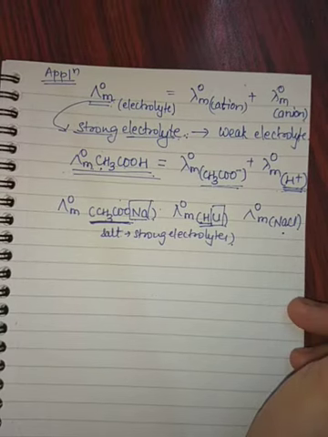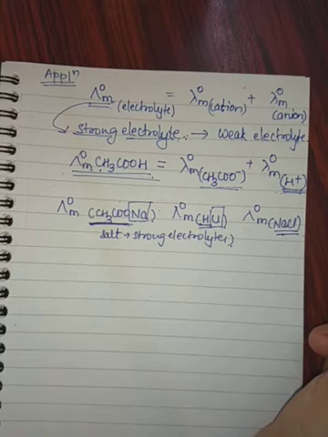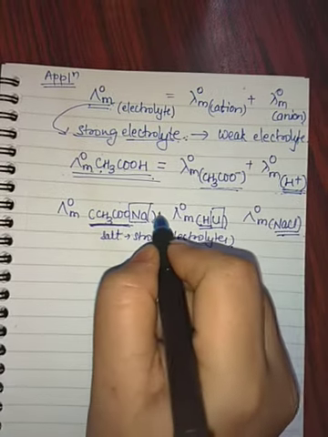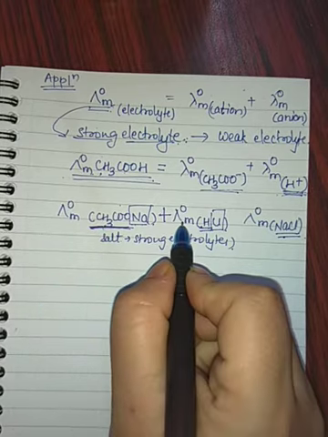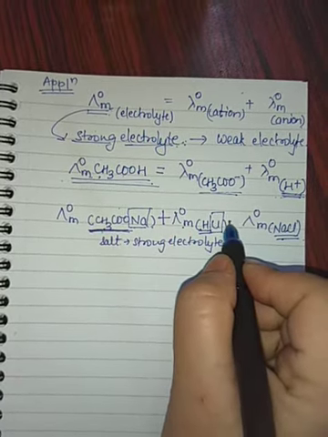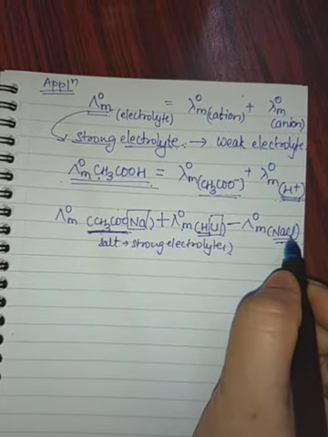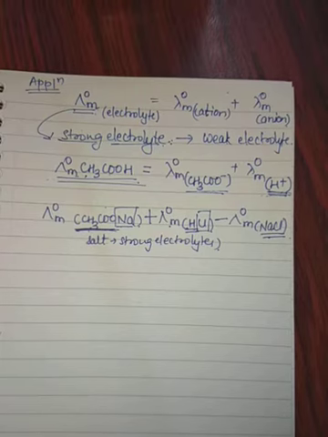So we need to get rid of those two ions. This NaCl will help in that. How? We will add the limiting molar conductivities of sodium acetate and HCl, and we will simply subtract the limiting molar conductivity of NaCl from it. What will happen when you do that?